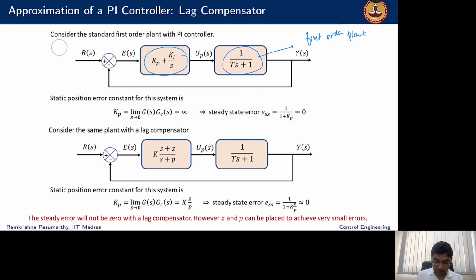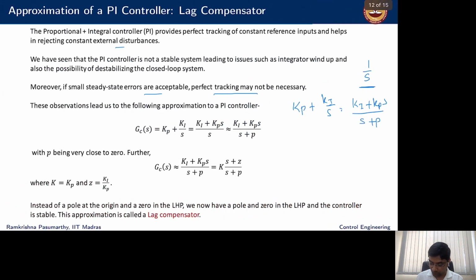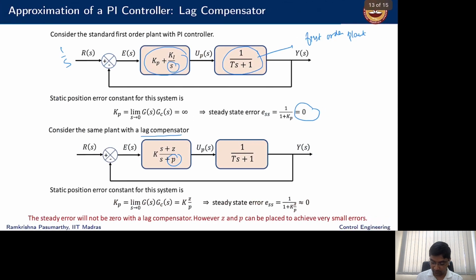My reference is a step, and I know that a type 1 system will track a step with zero steady state error. Let's say I now add a pole here. This approximation I will now call a lag compensator. The approximation of a PI controller is a lag compensator.